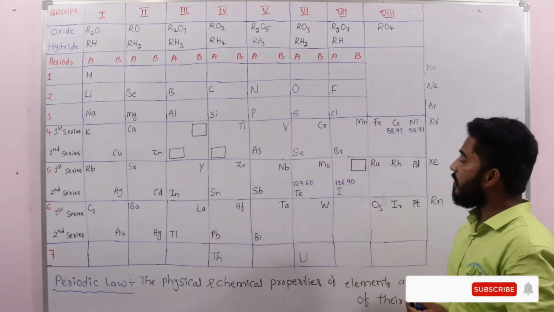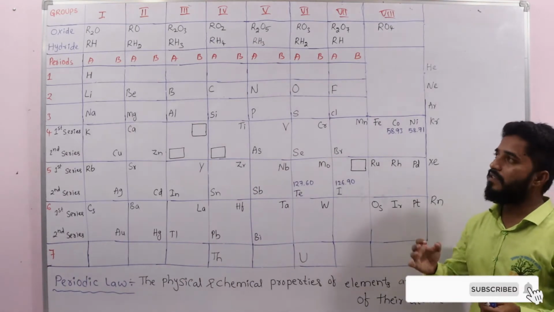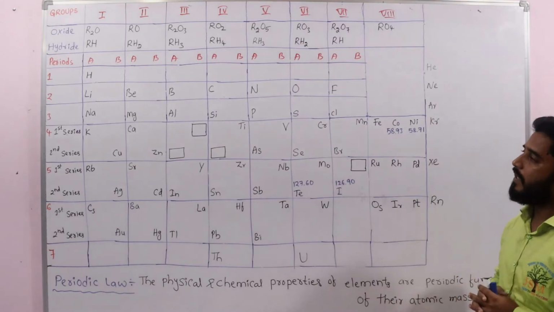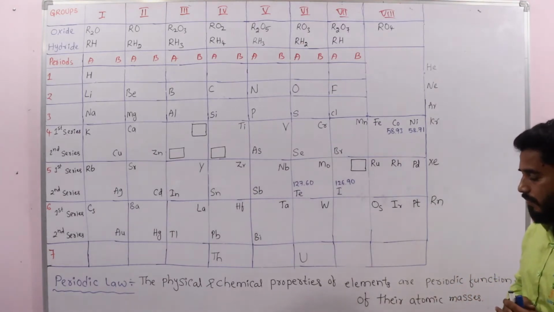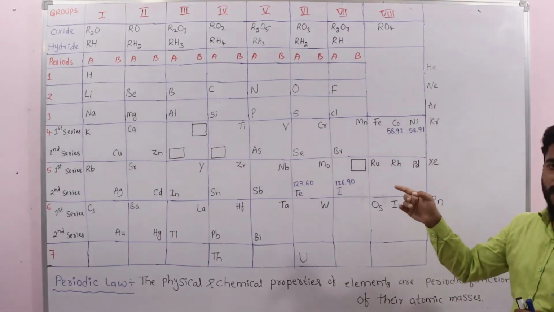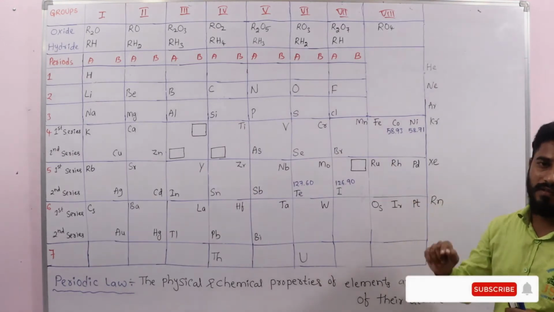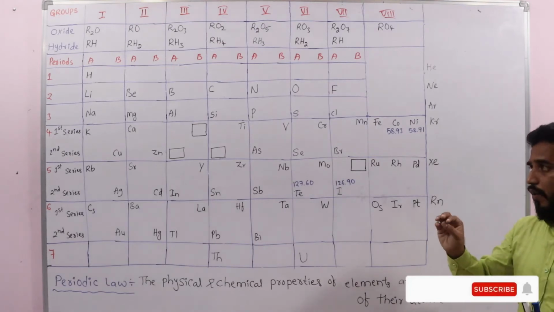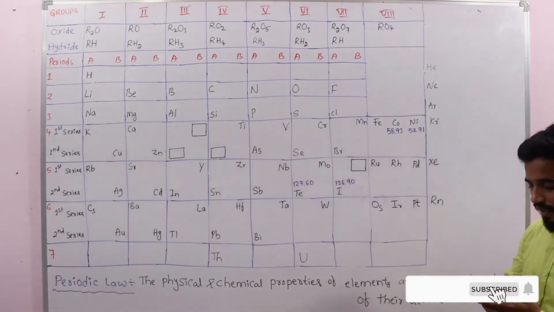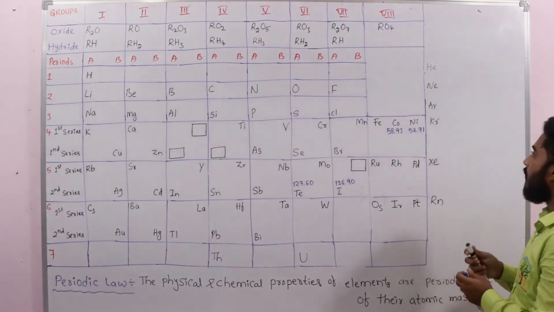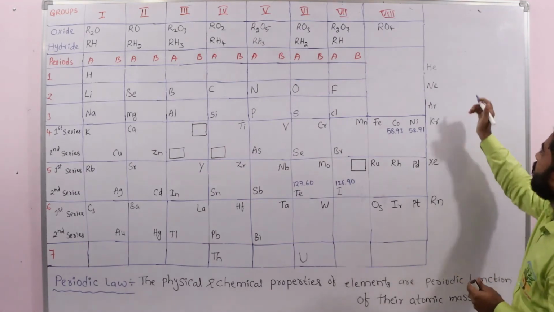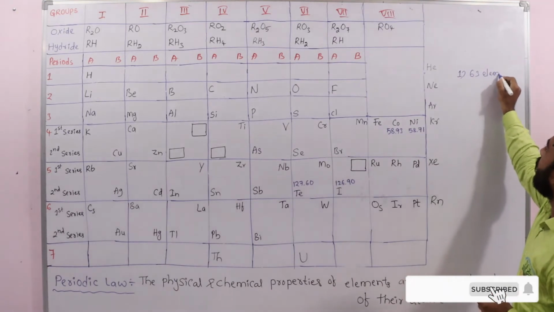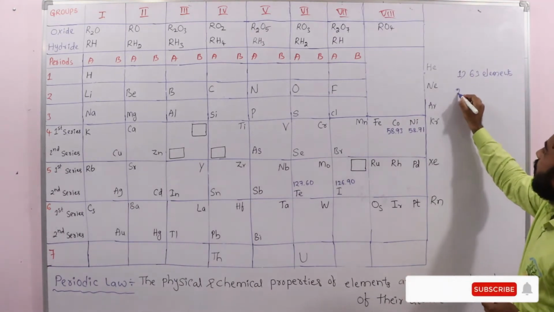Let us see the merits of Mendeleev's periodic table. He arranged a total of 63 elements known at that time, from hydrogen to uranium.